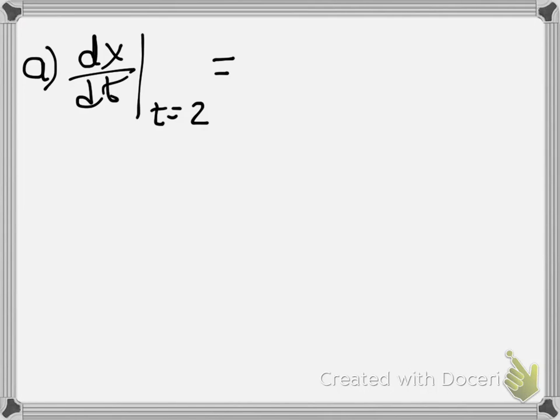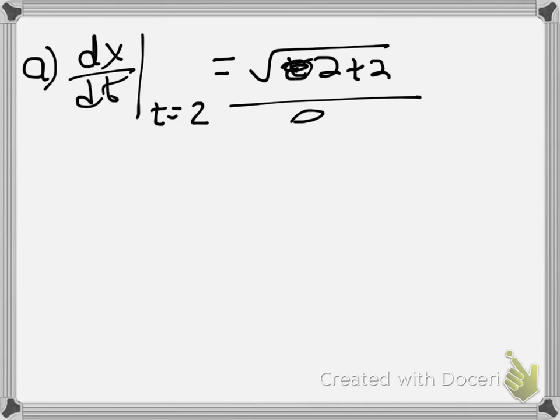If we plug in 2 for t, we get the square root of 2 plus 2 over e squared. The square root of 4 is 2, so it's 2 over e squared. Because dx dt at 2 is positive, greater than 0, the particle would be moving to the right at time t equals 2.